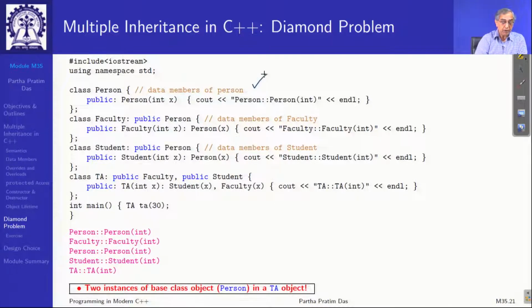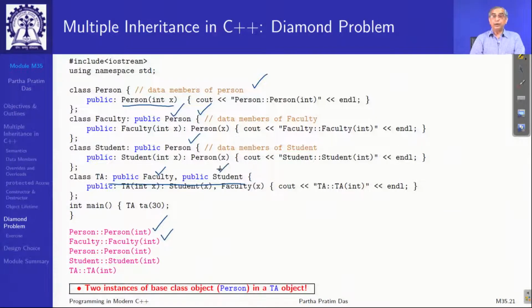You have a person which has a parameterized constructor, you have derived faculty and student from that, and you derive T A from faculty and student, and just put cout in the constructor so that you know what is getting constructed. Obviously, faculty will have to get constructed first. For the faculty, person will have to get constructed. So person gets constructed, faculty gets constructed.